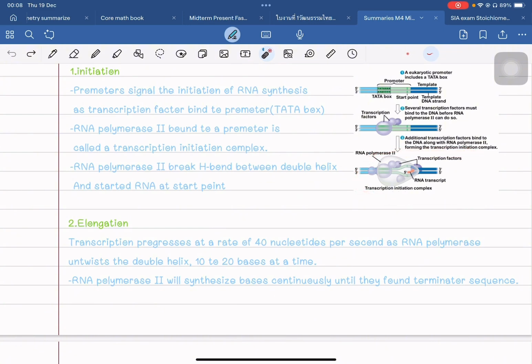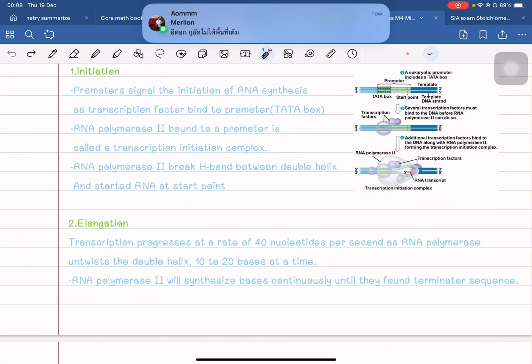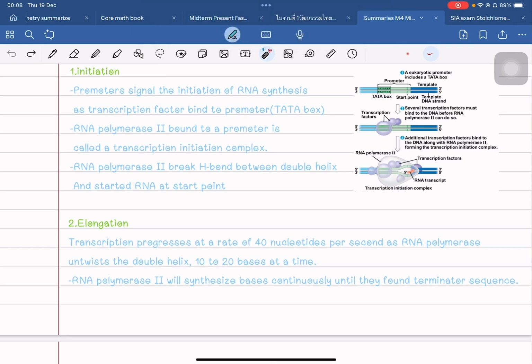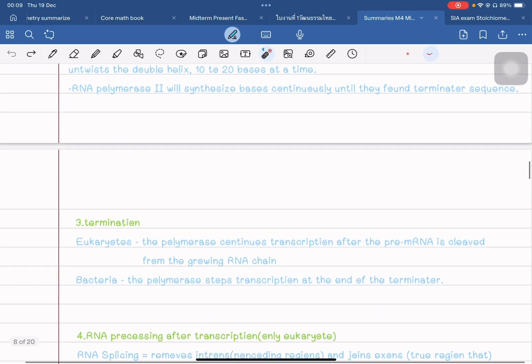The next stage is elongation. Transcription progresses at the rate of 40 nucleotides per second as RNA polymerase untwists the double helix 10 to 20 bases at a time. RNA polymerase II will synthesize bases continuously until it finds the terminator sequence.